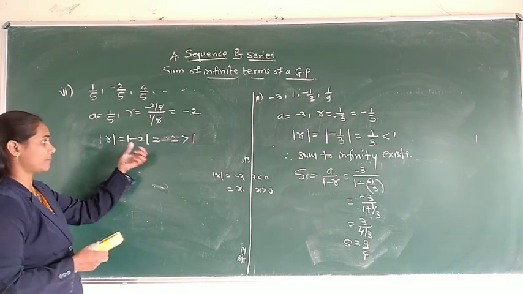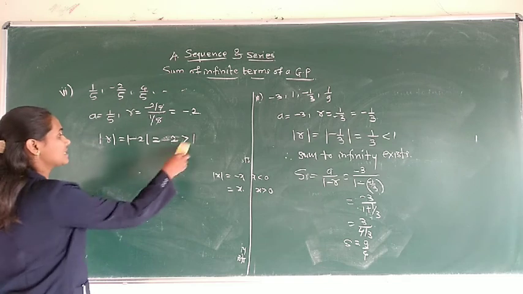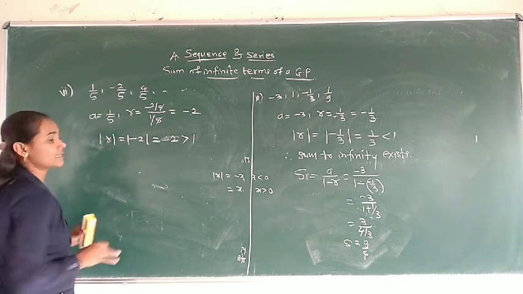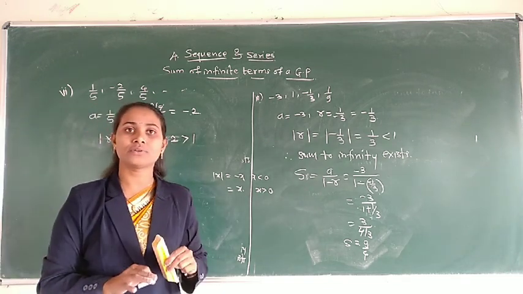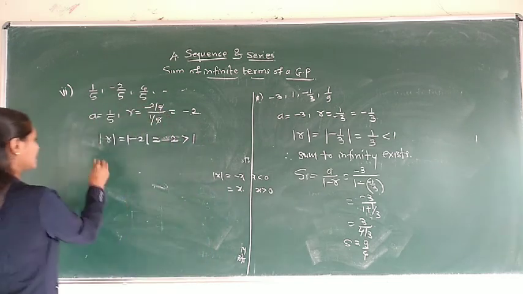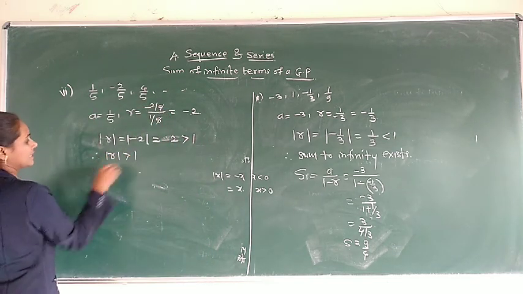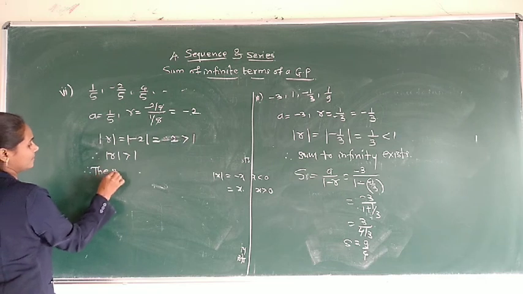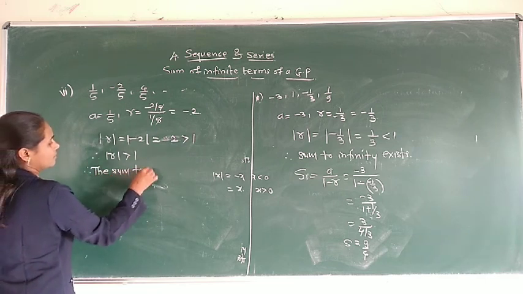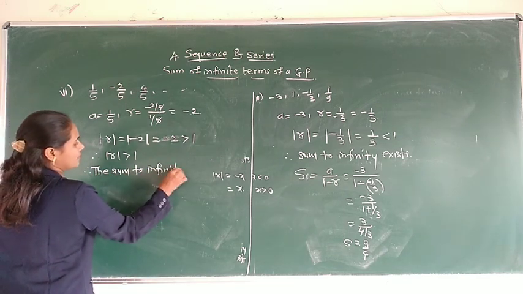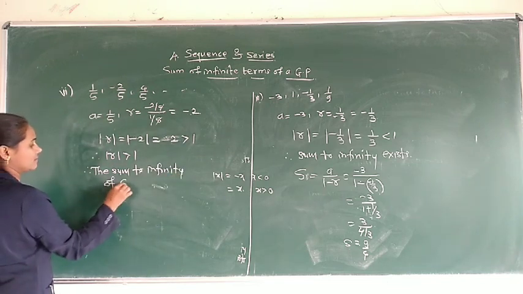Since here modulus of minus 2 is equal to 2 which is greater than 1, if mod R is greater than 1 then sum to infinity of GP does not exist. Here modulus R is greater than 1, therefore sum to infinity of GP does not exist.